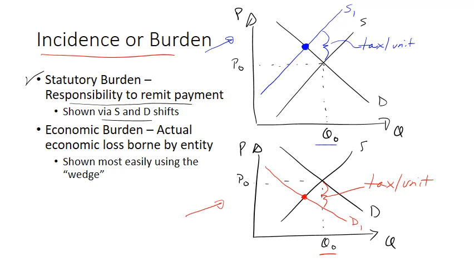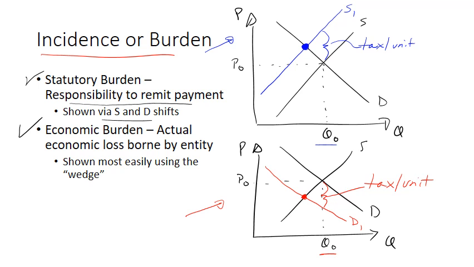So in either event, we're going to find out that the economic burdens do not change depending on who sends in payment. So we're already drifting. Let's just go there. Let's talk about economic burdens.